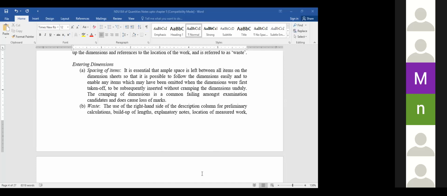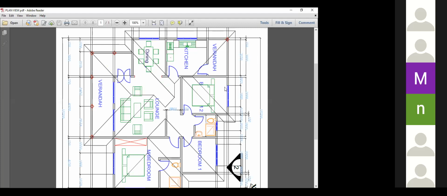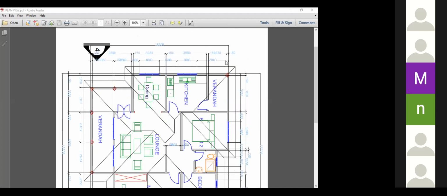Let's imagine I want this length from here up to here. Are you with me? I want this length from this part to this part, right? So what I'm going to do is get these figures. What I'm referring to as waste is here.